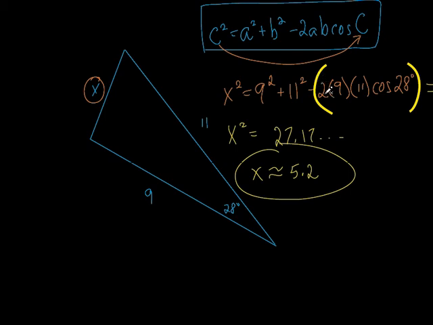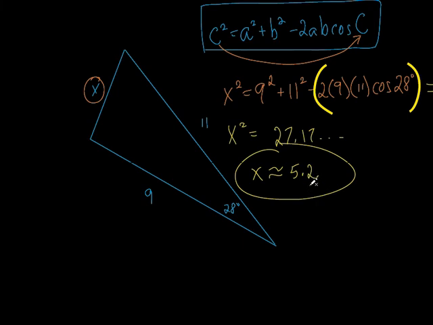And then 2 times 9 times 11 times 28 cosine, right parenthesis, equals. Do you have 27.17 blah blah blah? Okay, hit square root. It's right next to the square. And you should get 5.2.